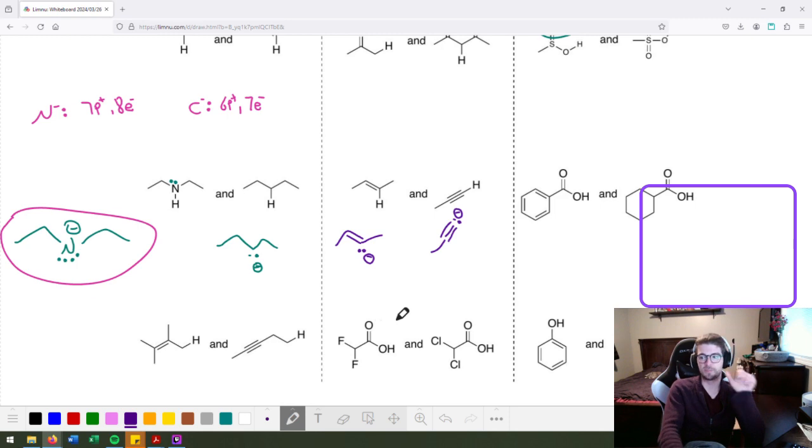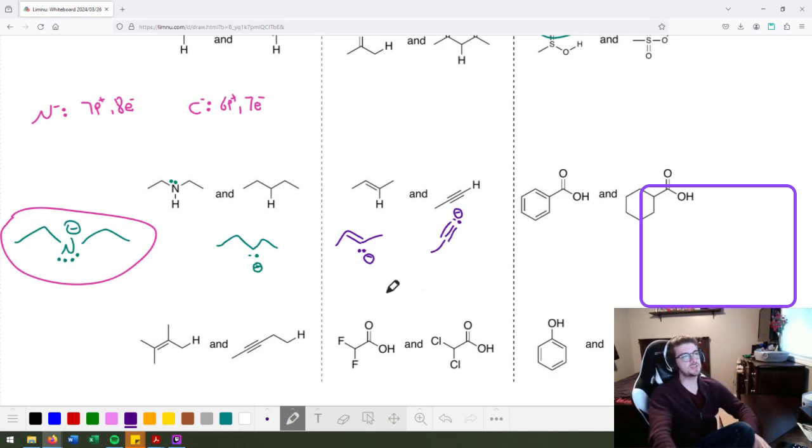Now, the stability of the conjugate bases here. It might seem at first that they should be pretty similar, but they're really, really not.